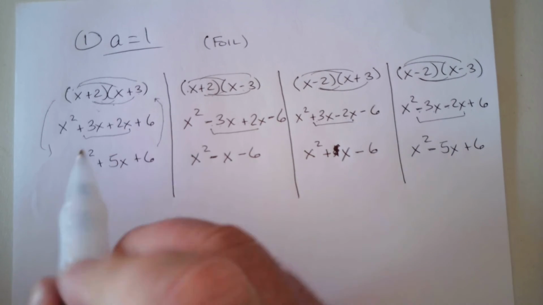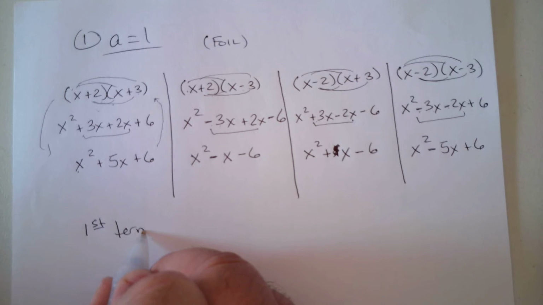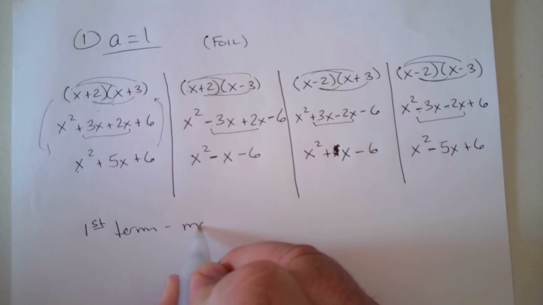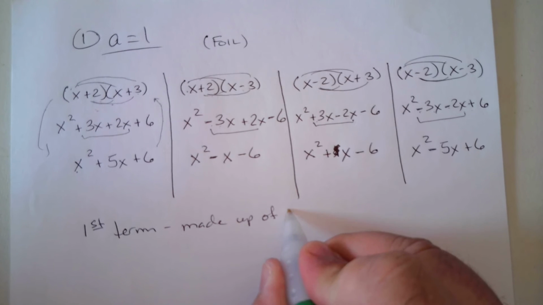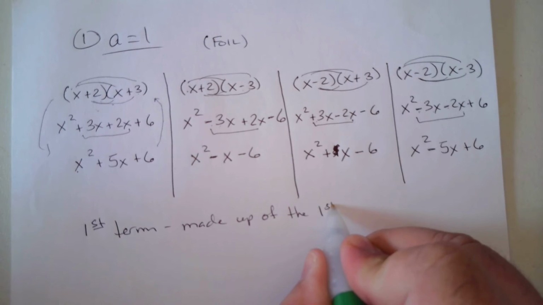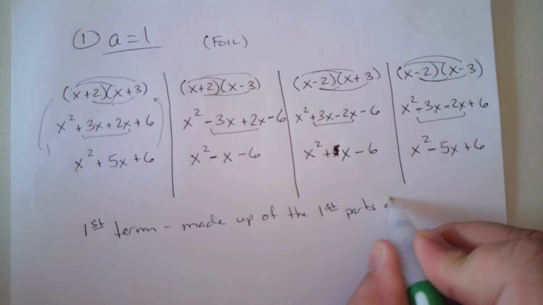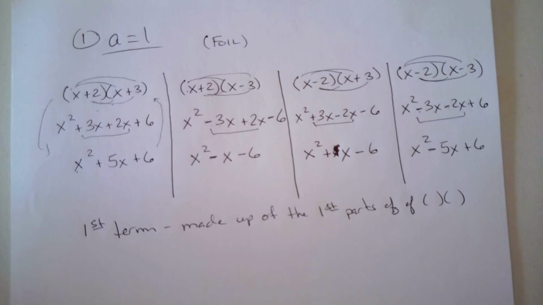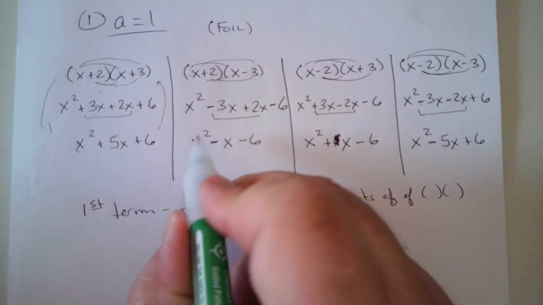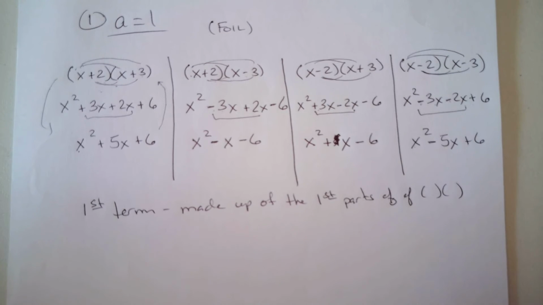The first term is made up of the first parts of both parentheses. So x squared equals x times x. All right, that's the first thing I want you to look at.